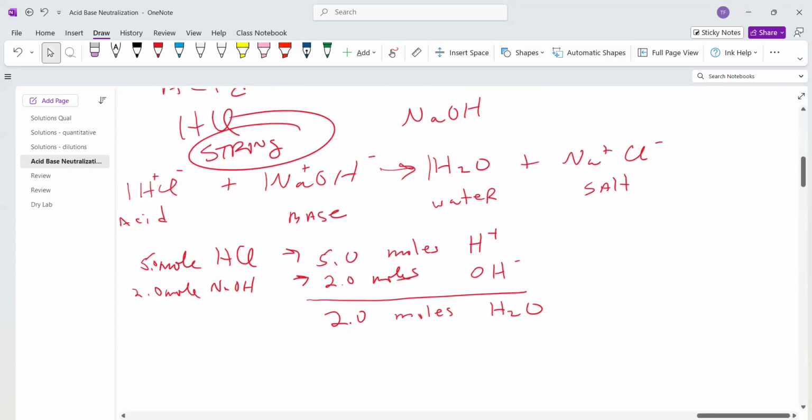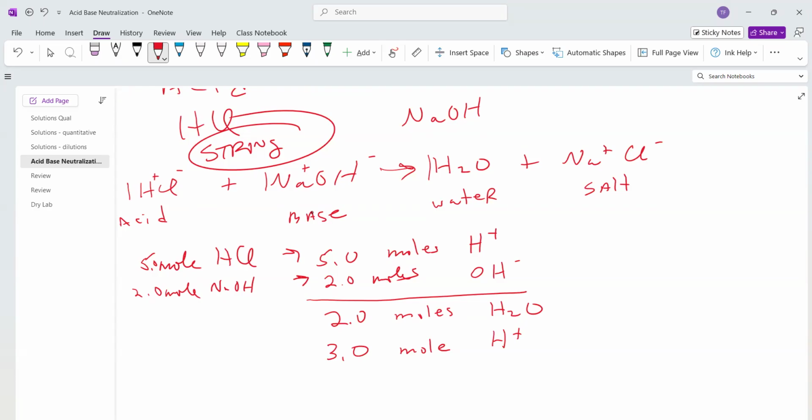If we have 2 moles of water, is there anything left over? We have salt too, but how many moles of H+ do we have left over, unreacted? We start with 5 and we use 2 of them. That leaves 3 left over.